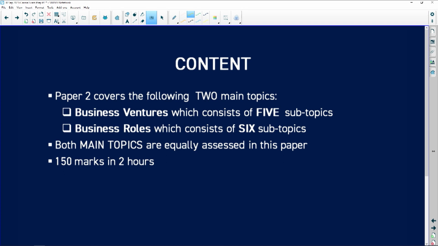Business ventures covers 5 subtopics, 5 chapters, and business roles consists of 6 subtopics. Both main topics are equally assessed in this paper, so they are of equal importance. Once again, it's a 150 mark paper and it's 2 hours long.